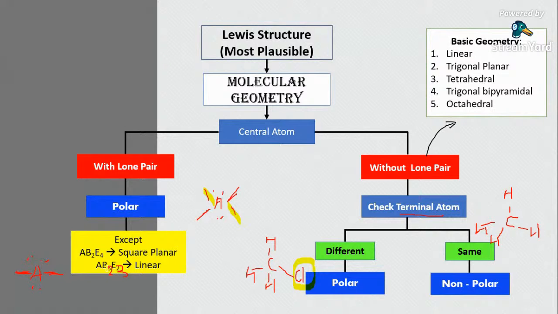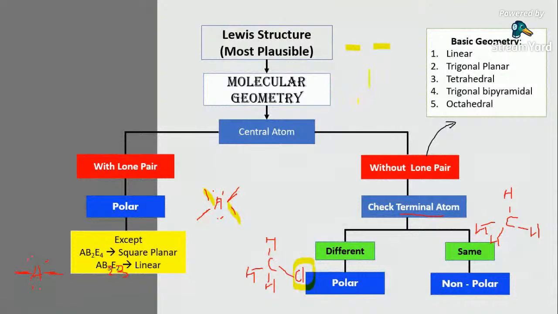Nadia, Farisha, you're asking how to know whether it is symmetric or not. My students will know already because I explained before. Very quickly: for all the basic geometries, they can surely cancel each other, but the condition is they must have the same terminal atom. So linear, left and right cancel.